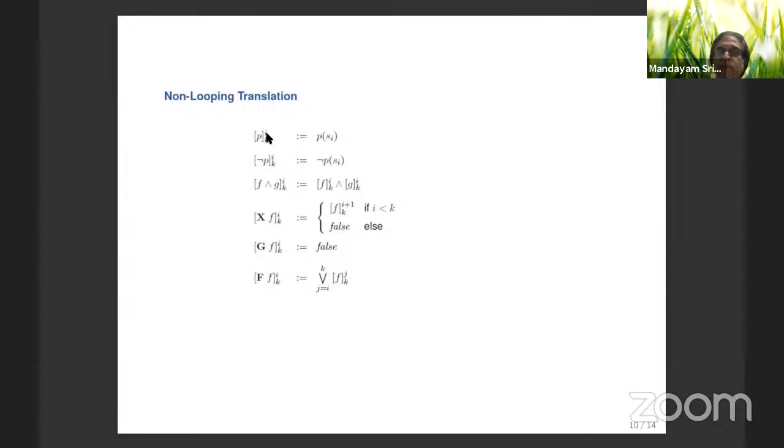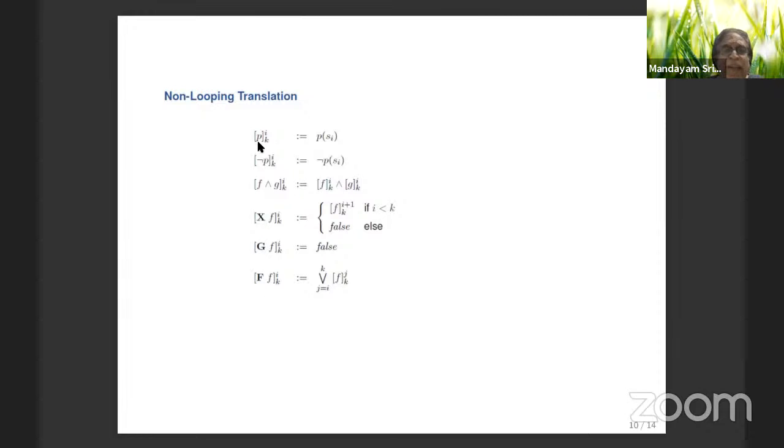In general, given a K-long path, I'm defining what the translation is for a suffix of that K-long path starting from I. At the top level, because of the recursive definition, if you want the translation for the entire thing, you will have to start from 0, K. And because it's a nested formula, F itself is some arbitrary formula, you will be invoking it recursively on F, depending upon what the outermost operator is.